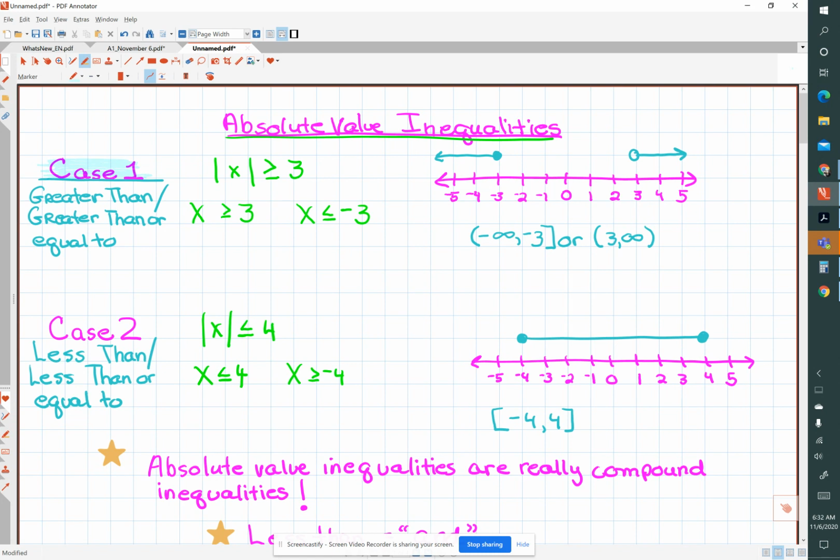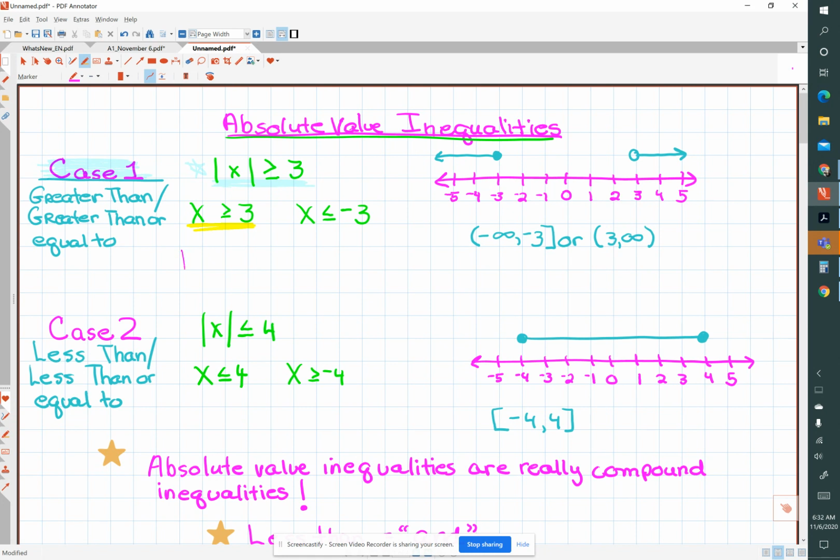And here I have my first example. I have the absolute value of x is greater than or equal to 3. So just like I do with an absolute value equation, I make two cases, right? So I have x is greater than or equal to 3, but here's where we do things a little bit different.